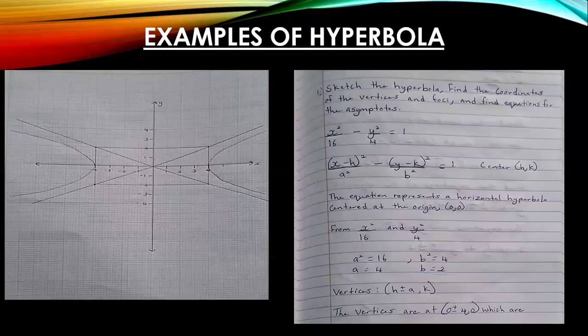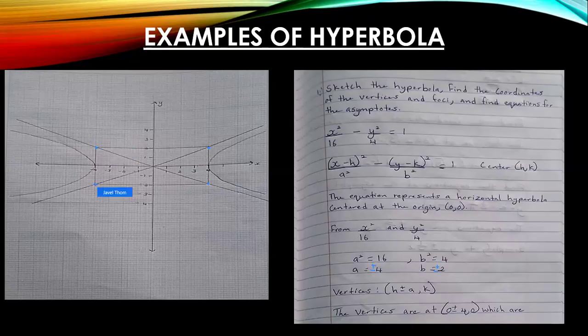So our a value is 4, and remember when we square root 16, it's going to give us plus or minus 4. Same thing here, plus or minus 2. So we will have a positive 4, and then we go up to positive 2 there. Then we have a positive 4, we go down to negative 2, so we have a point there. And then we have negative 4 with a positive 2, and negative 4 with a negative 2.